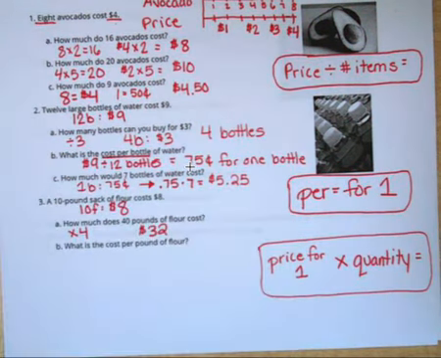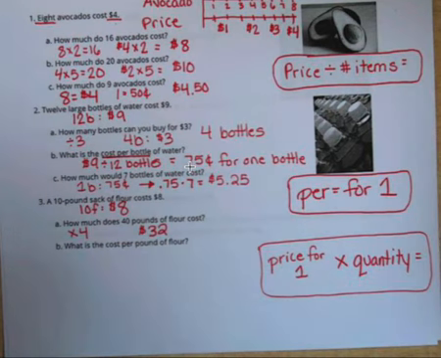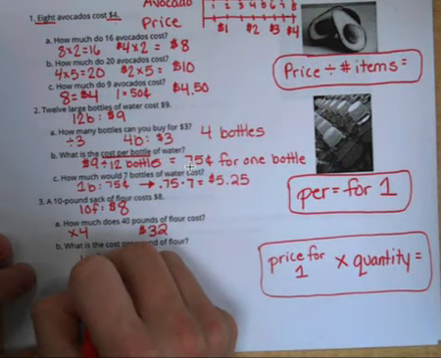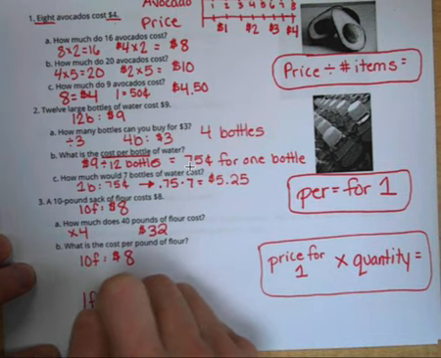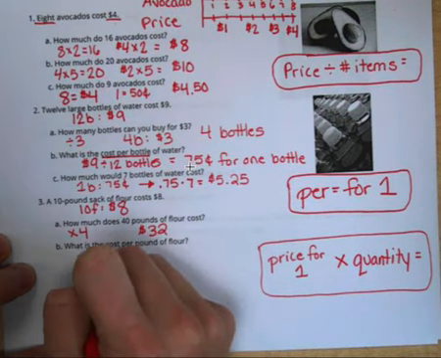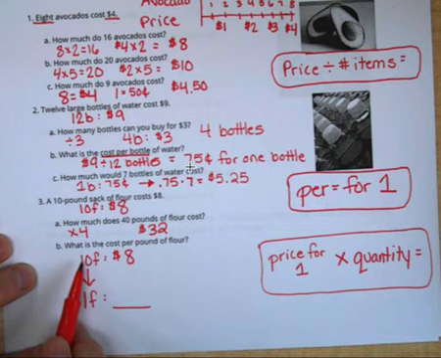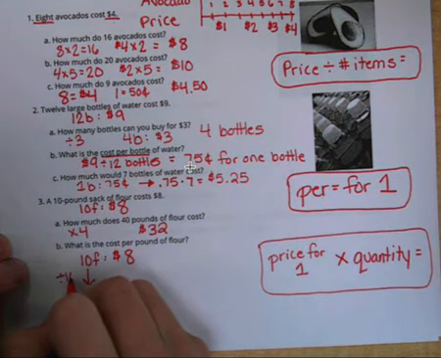And question B, it says, what is the cost per pound of flour? So 10 flour is $8. And we want to know per pound. Per pound means 1. So 1 flour is how many dollars? To get from 10 to 1, we have to divide by 10.